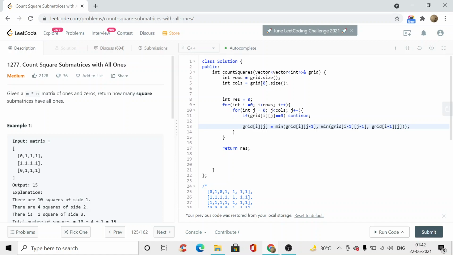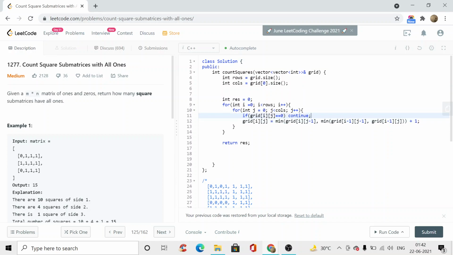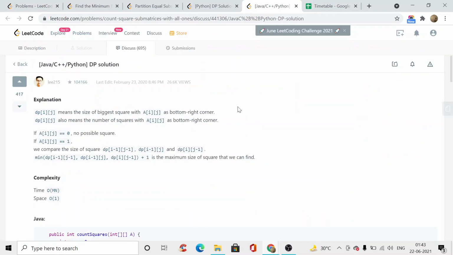So this, sorry, this plus 1, and in this result I'm just going to add res is equal to res plus grid of i and j. Is it correct?